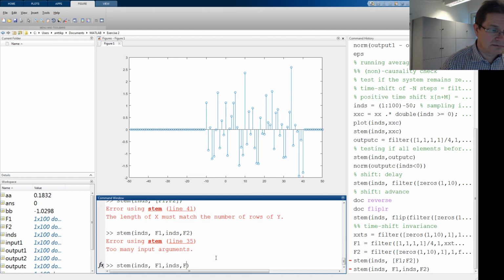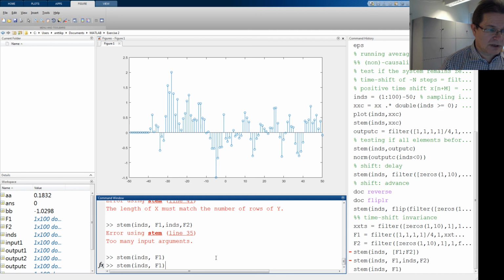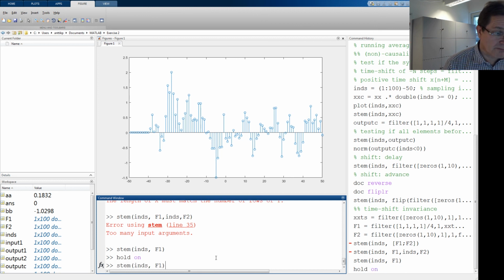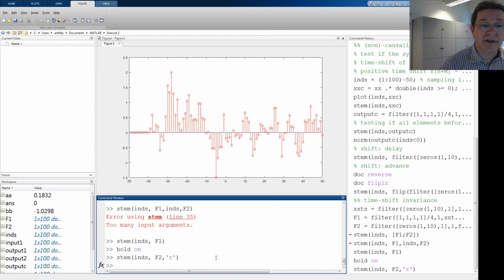I need to use the plot, but anyways, that's the first one. Hey, they are the same.